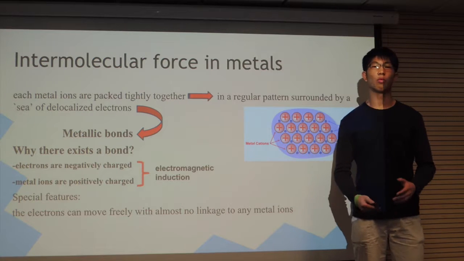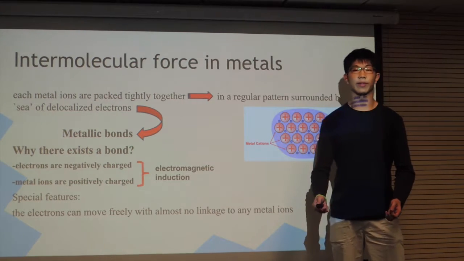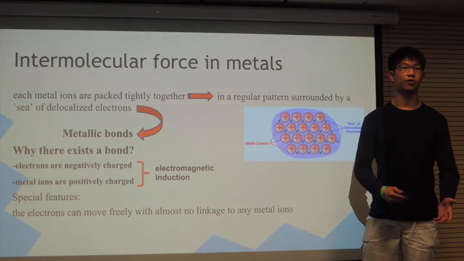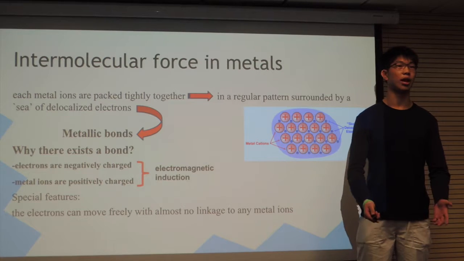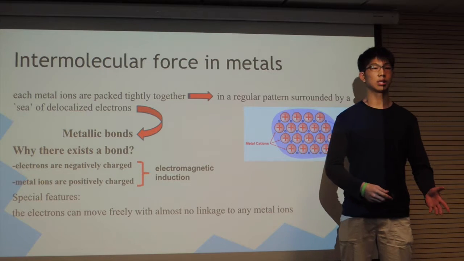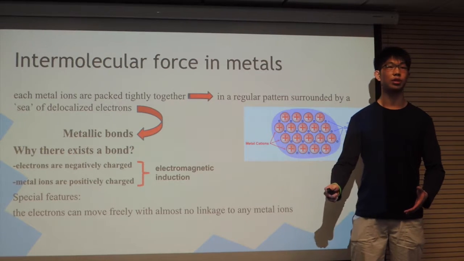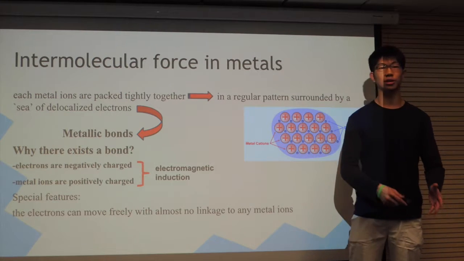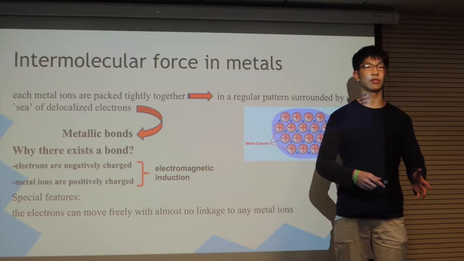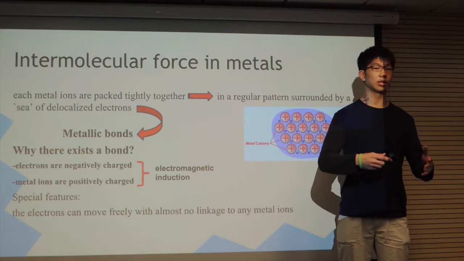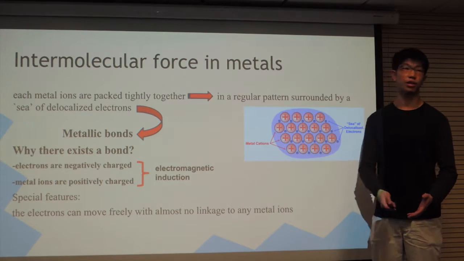So you might ask, why does a metallic bond exist? It is believed that the bonding is formed due to the electronegativity difference between electrons and metal ions. When metal atoms transfer into metal ions by delivering an electron, they go from a neutral state to a positive state. And since electrons are negatively charged, that makes a huge electronegativity difference.